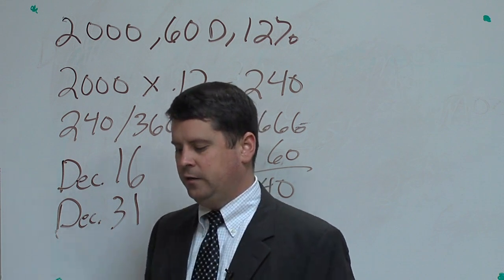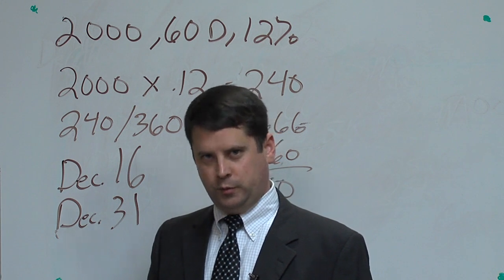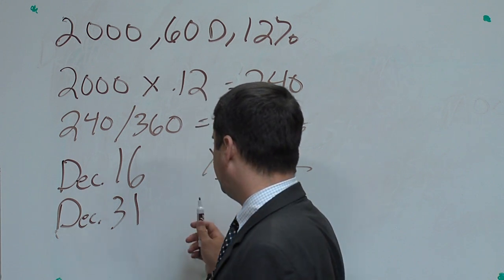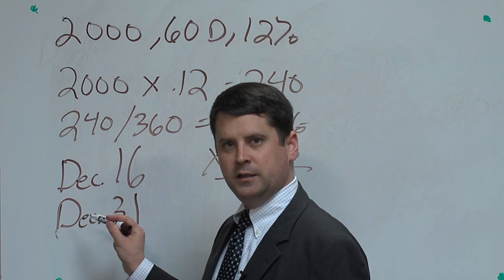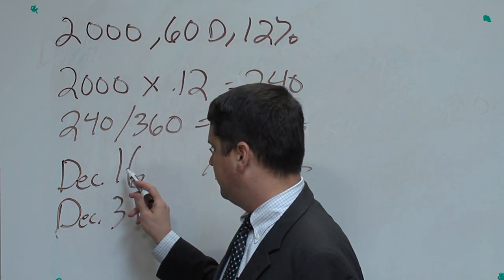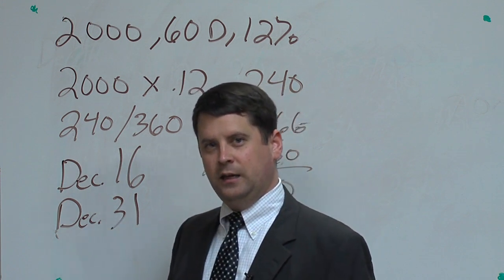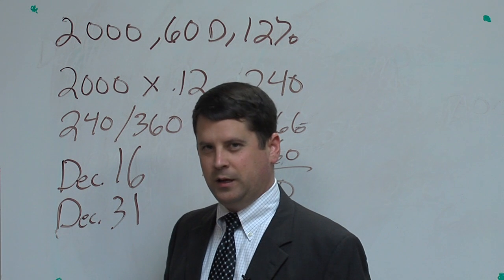Specifically, it's called an end-of-period interest adjustment. Why? Because of the accrual principle. Because the expense for the interest has been accruing since December 16th to December 31st. Even though you're not paying out anything, you still have to account for that expense.